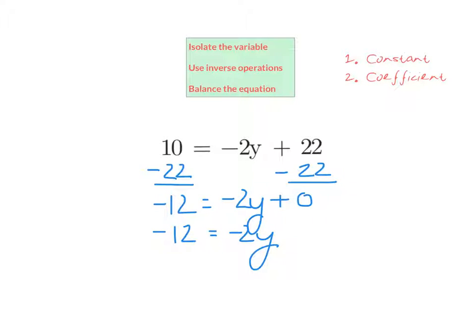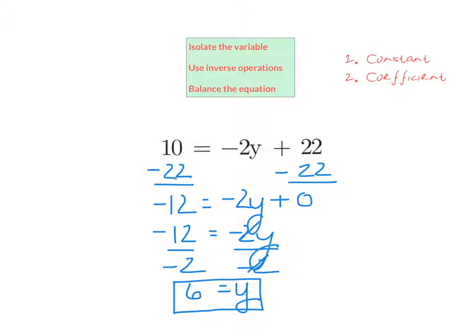Now on the side of the equation with the variable, the operation that's going on is multiplication. We undo multiplication with division, so I divide both sides by a negative 2. On the side of the equation with the variable, negative 2 and negative 2 cancel and leave me with the variable y, and a negative 12 divided by a negative 2 is a positive 6. So my solution is y is equal to 6.